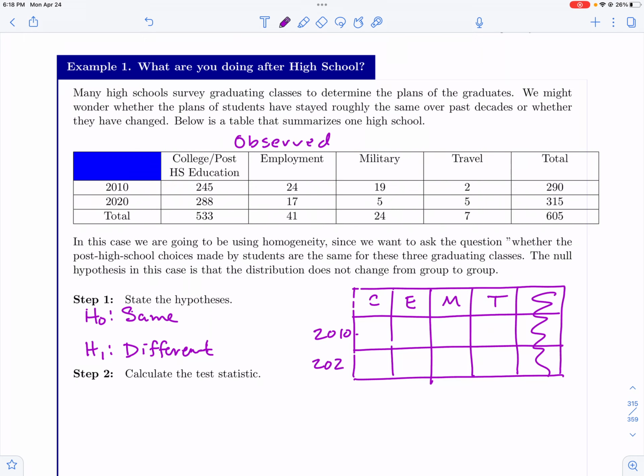My bad. So let me extend it this way. All right, there we go. So we've got our 2010, 2020. And just like we did before, to figure out what these different positions are, I'm going to take this row total times this column total divided by the 605. So I'm going to get 290 times 533, all divided by 605. And that's what's going to go in this first position here.